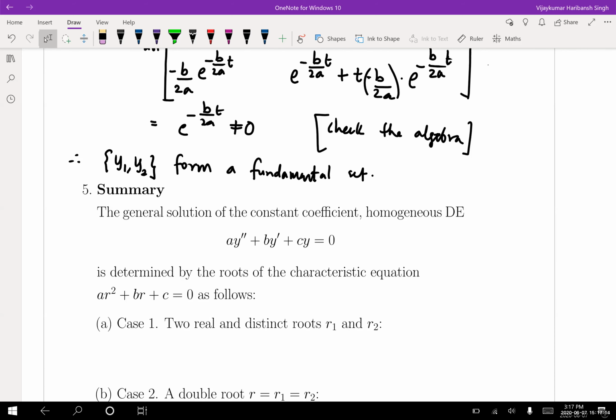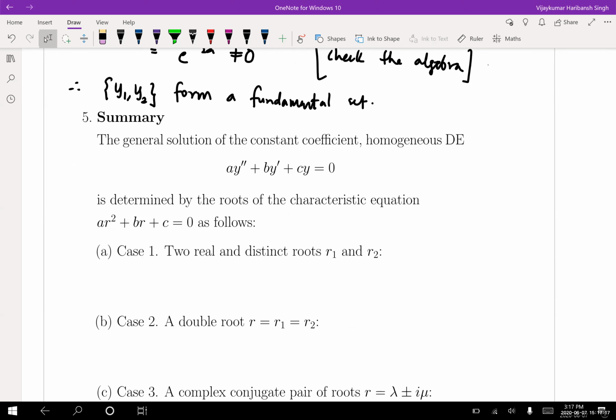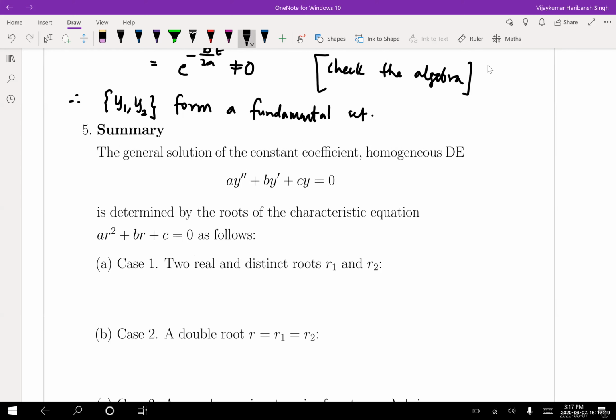We'll see that later. So let's summarize what we have discussed in this last section. A general solution of a constant coefficient homogeneous differential equation, ay double prime plus by prime plus cy equals 0, is determined by the roots of the characteristic equation. There are three cases. Either the roots are real and distinct, say R1 and R2, then the general solution is given by y(t) equals C1 e to the power R1 t plus C2 e to the power R2 t.